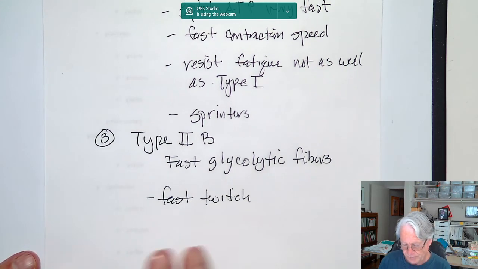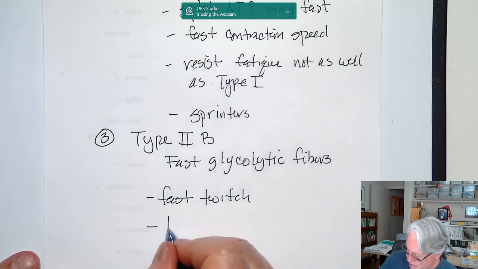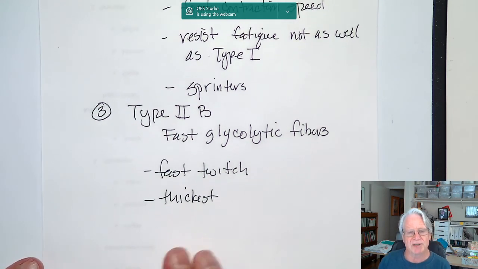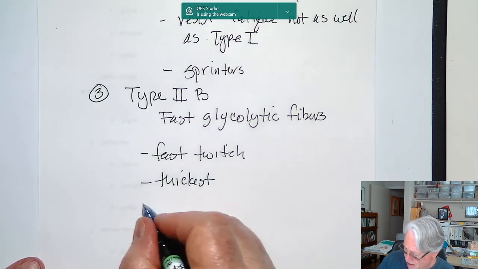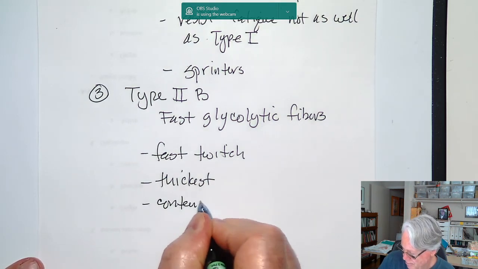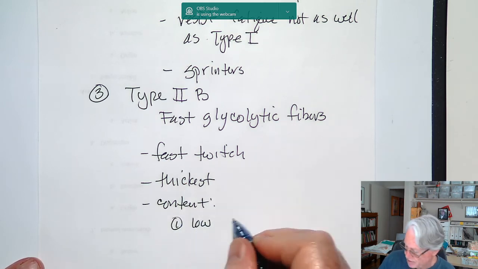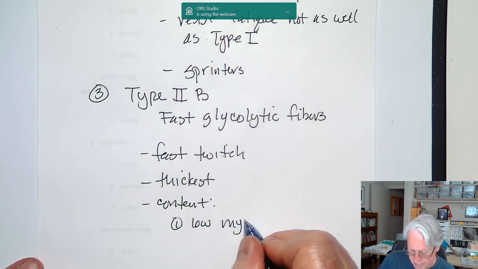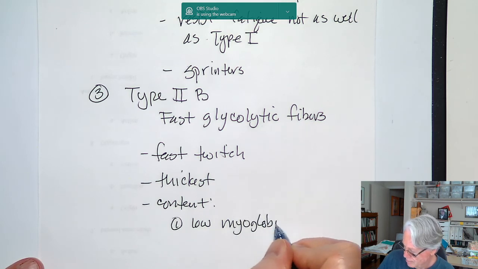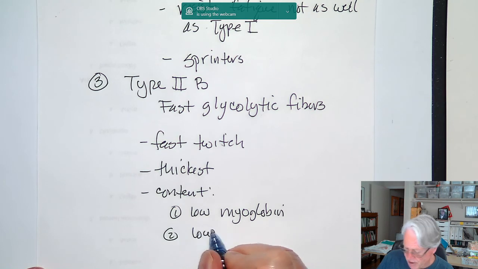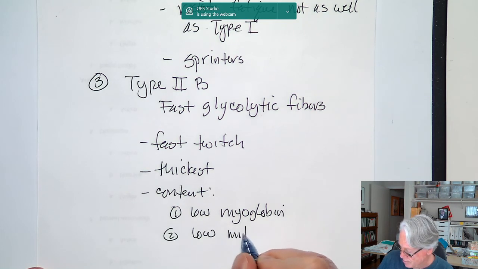Okay. They are the thickest. So they're very powerful muscles. And the content is we have low amounts of myoglobin. We have low amounts of mitochondria.